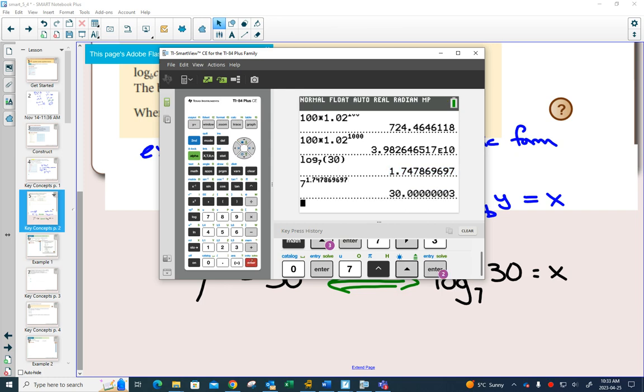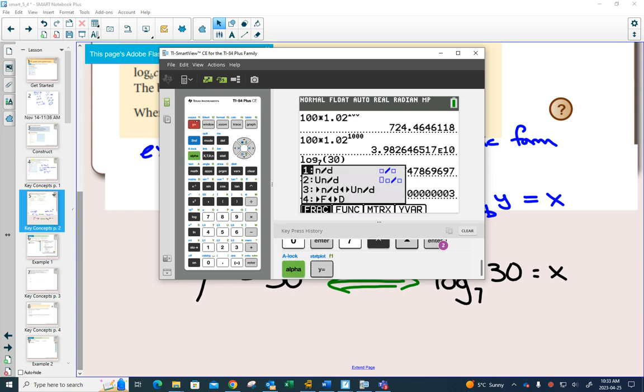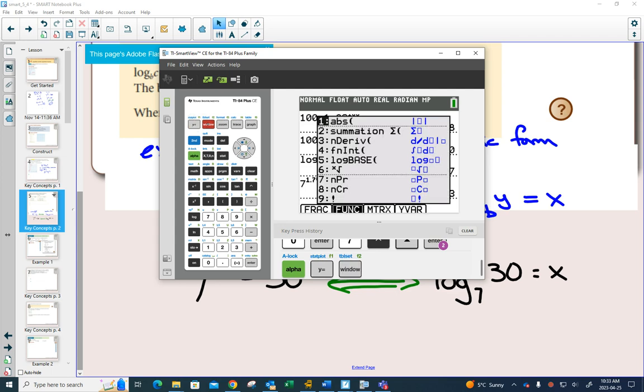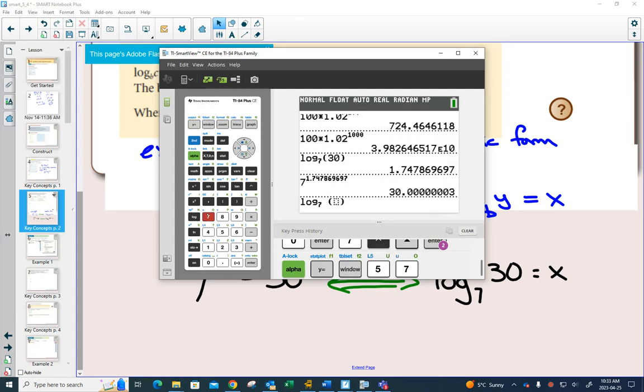And it does. The only reason it's a little bit off is rounding for decimal places. You might also find the log base under alpha F1, you get to the fractions. F2 gets you to some functions, and it's number 5 there. You could also get it that way as well.